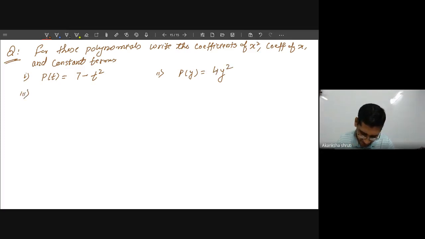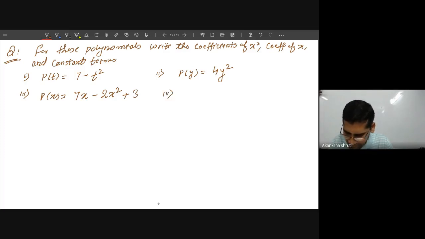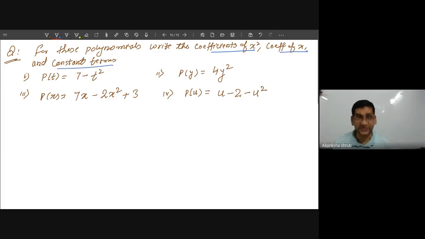The third one is, say p of x is equal to 7x minus 2x square plus 3. The fourth one is p of some variable u, so u minus 2 plus, or minus u square, something like this is given. Students, we have to calculate these three things: coefficient of x square, coefficient of x, and constant term.